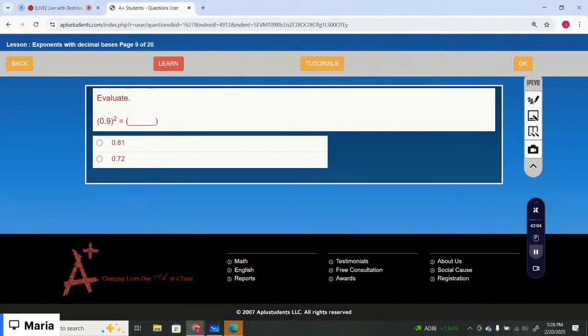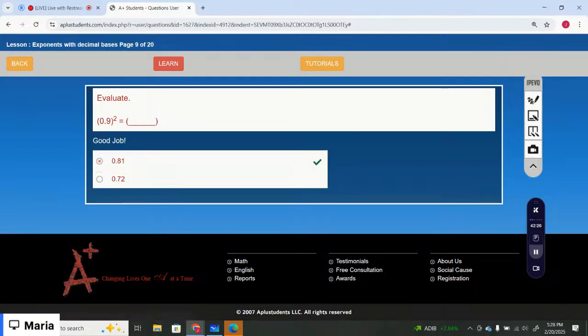0.9 square, which is the correct option? That is 0.81.